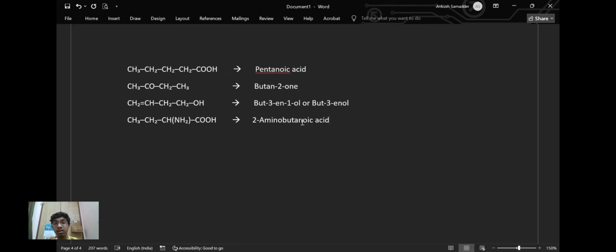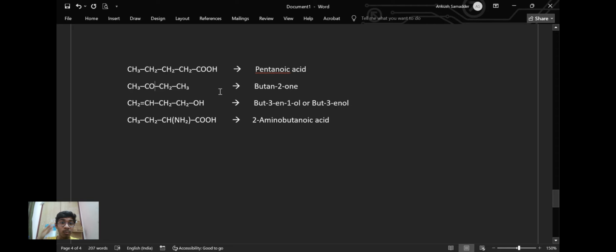Let me tell you a doubt that most of the students are having, that is how to identify ketone and aldehyde. So when there will be ketone, on that time oxygen will be there in between the carbons, not at the first, not at the last, but in between. Okay. So when the oxygen will be in between, on that time it will be considered as ketone.